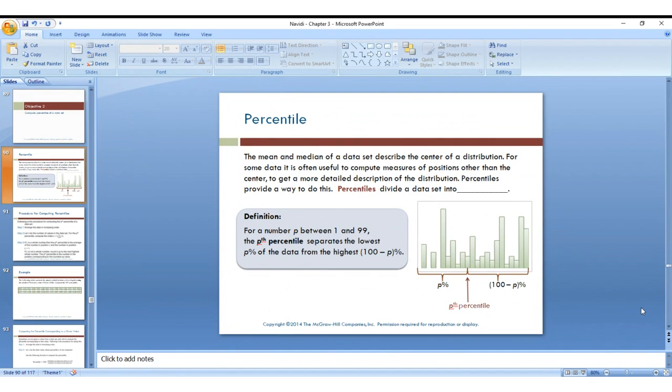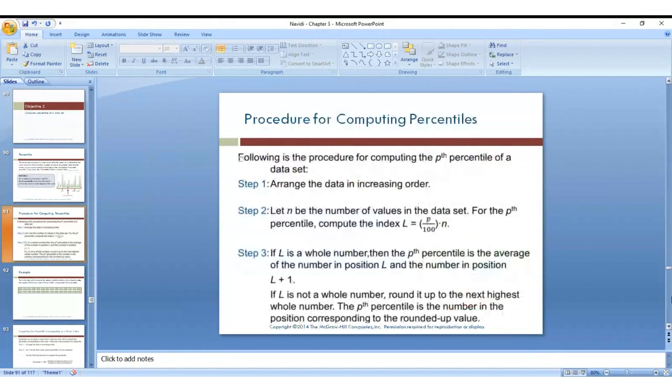Now, finding a percentile is very similar to how you would find a quartile, but basically you just take the percent as a decimal and multiply it by the number of pieces of data you have, and if you have a partial value, you just round up.